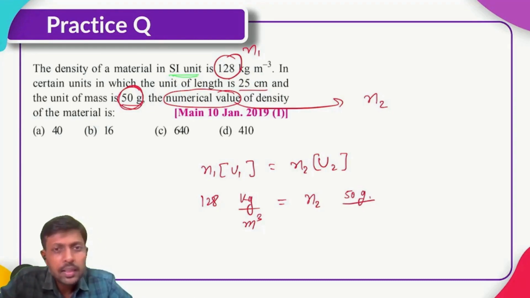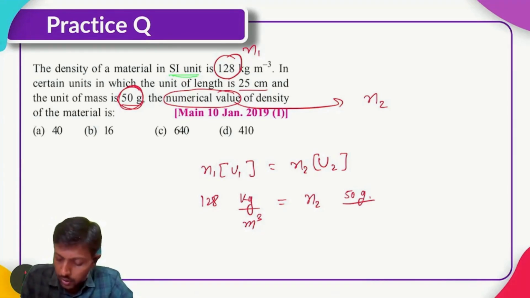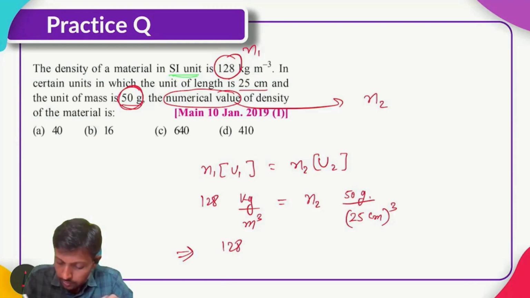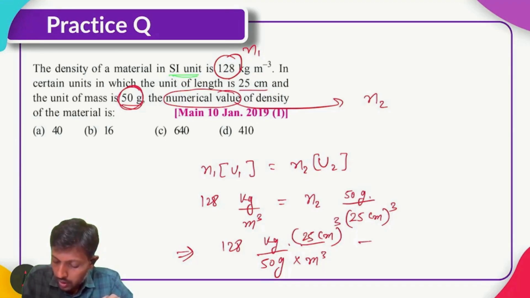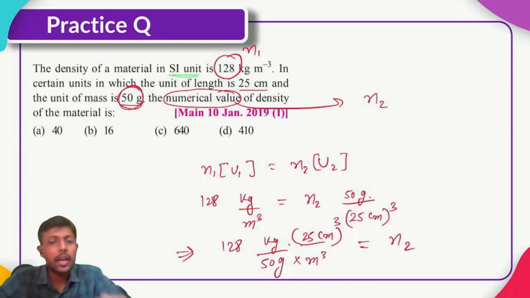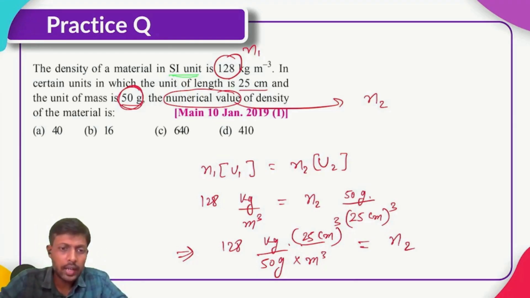And what is the unit of length in the second system of units, in the new hypothetical system of units? It's 25 centimeters. So 25 centimeters, whole cube. Remember, 128 kg upon 50 grams. And here we have meter cube. And in the numerator, we'll have 25 centimeters whole cube. This will give us the value of N2.